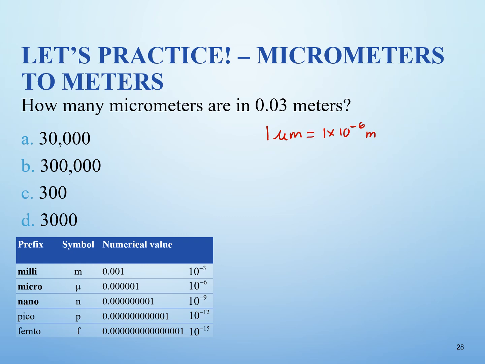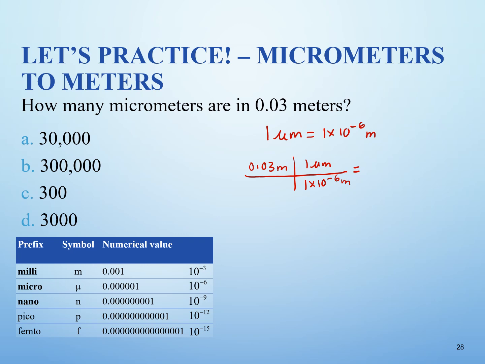Alright. So let's use our conversion. We'll have 0.03 meters. So who should I put on the bottom and top? I'm going to put meters on the bottom. So 1 times 10 to the minus 6 meter on the bottom, 1 micrometer on the top. Okay? Now you do this in your calculator, and you'll see we get an answer that makes it bigger.